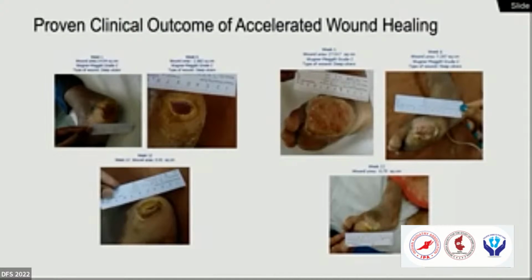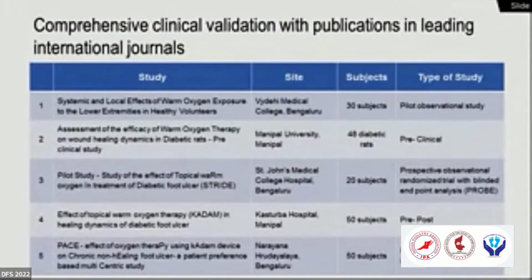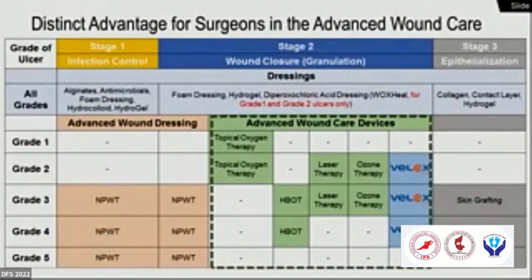And we found that this particular ulcer healed really quick. These are multiple studies that we have done. Okay. And there are some which are still ongoing also. And we have seen that the rate of closure of wounds is the fastest in comparison to any other modality of wound healing in the world today. And I can show you the journal which can prove that.